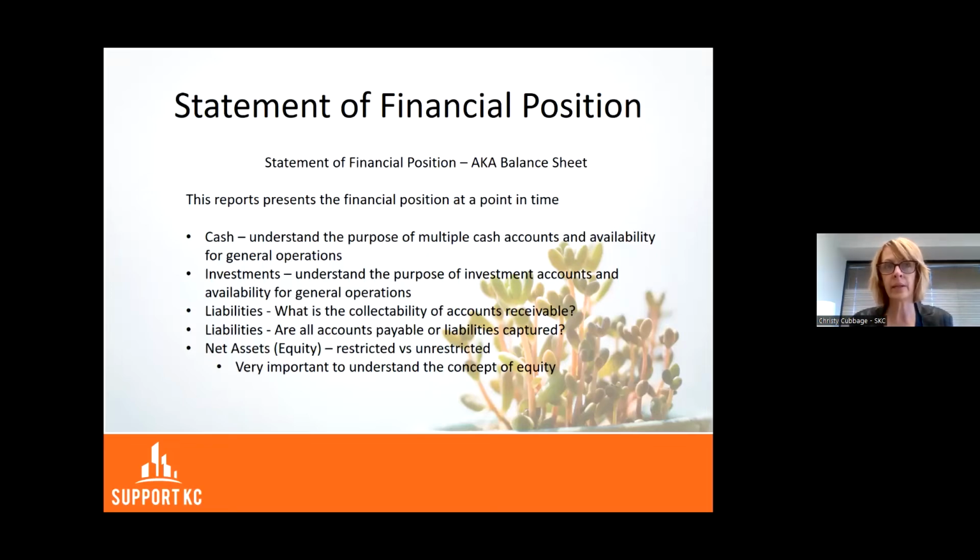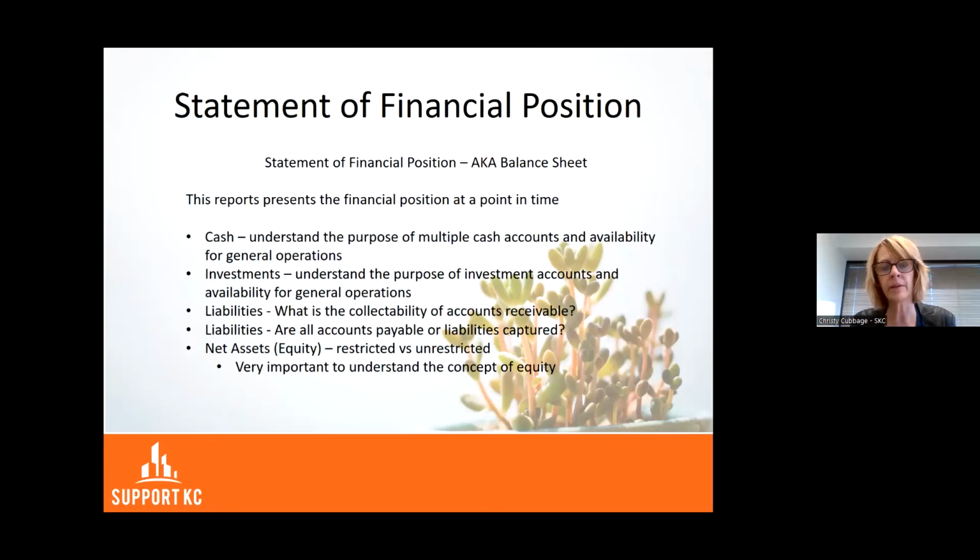That's your equity in an organization. So again, for example, if you have a building, your net assets are going to be really large, right? Because it's balancing it out. I have a building over here in the assets, so it's my equity, right? It's my net asset, my value of that building that we own.